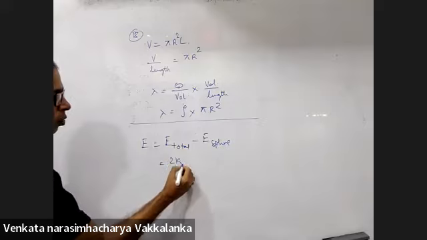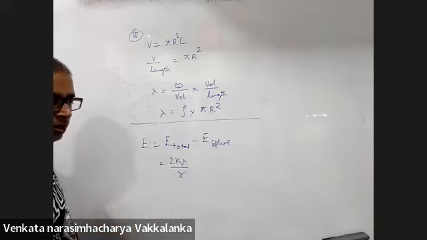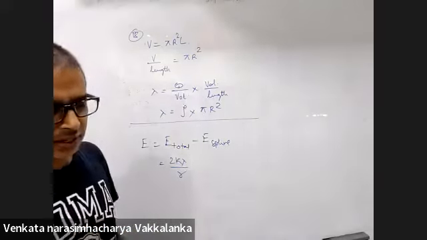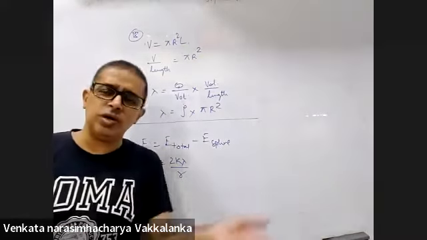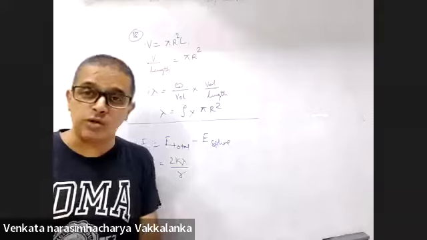E total is 2k lambda by r. Now the balance of charge will come or not? Yes, sir. Due to the sphere outside, you know k q by r square, rather 2r whole square.